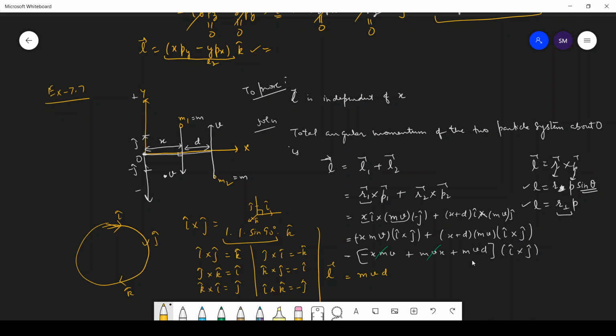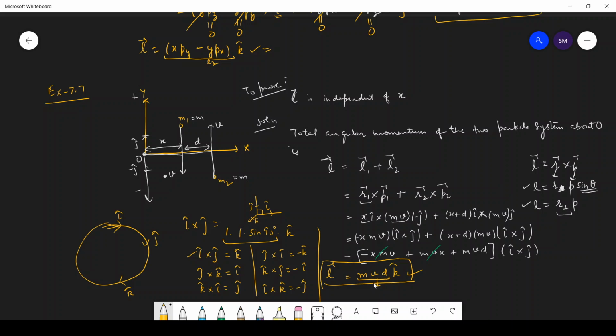Okay students, so i cross j is k cap. So we have proved that this momentum has only the component in the k direction.